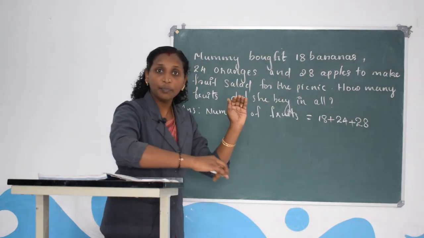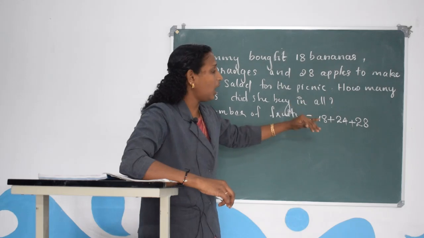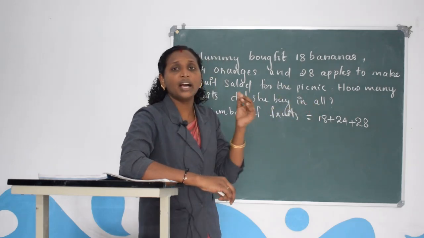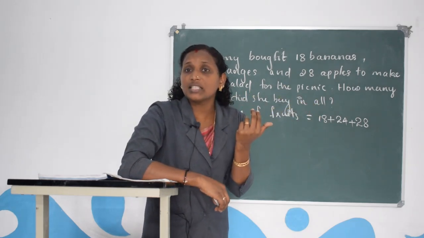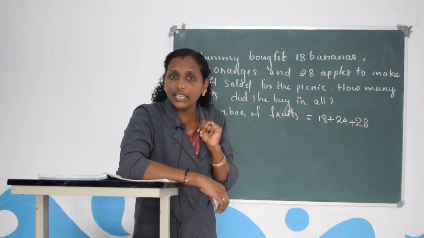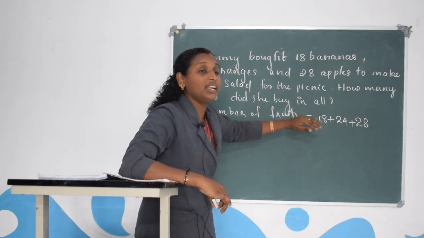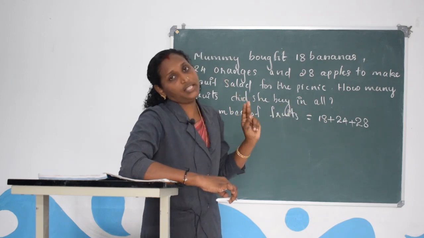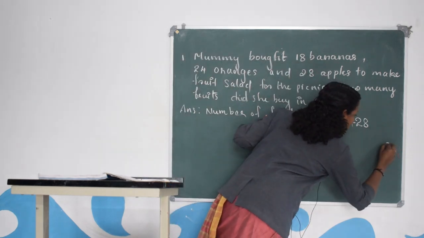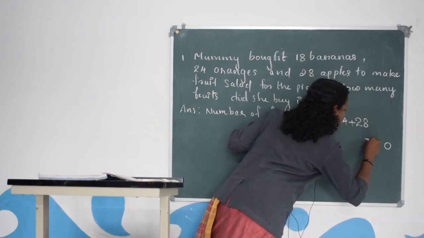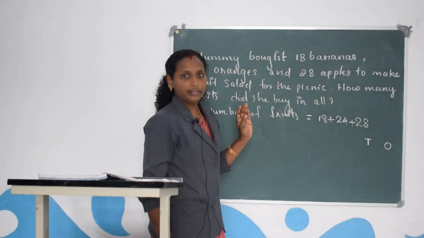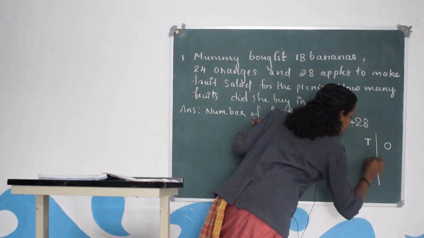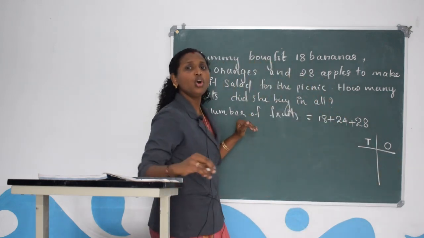It has three two-digit numbers, so we have to find the sum. Since it has two-digit numbers, you will represent ones and tens. Then arrange the numbers in place value order.